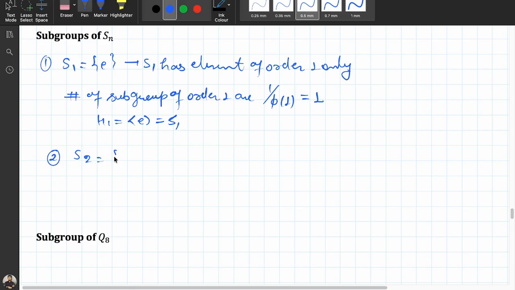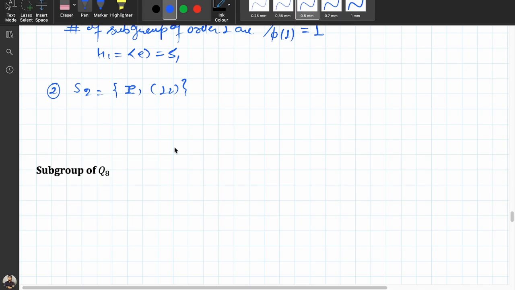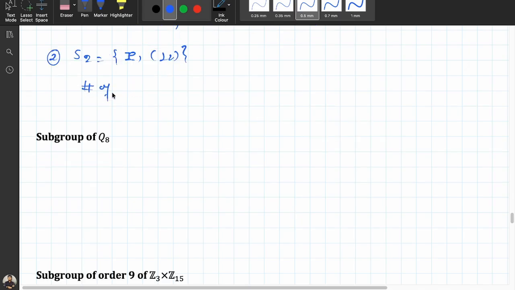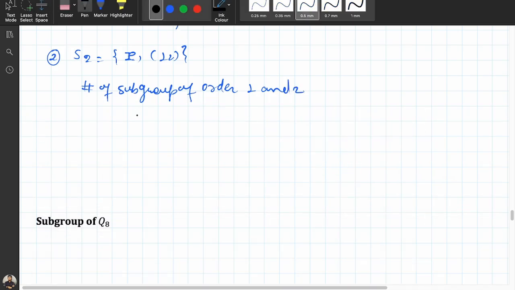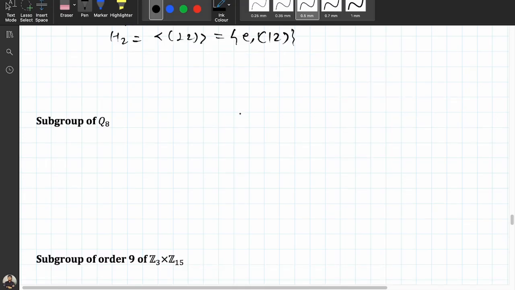It has 2 elements, identity and (1 2). So from here, the number of subgroups of order 1 and 2. That's very simple. So from here, order 1, that is H1, is going to be identity only. What about H2? That is (1 2), meaning identity and (1 2).